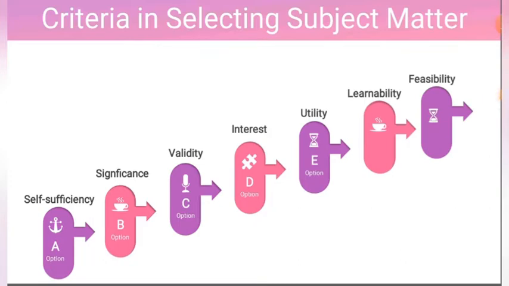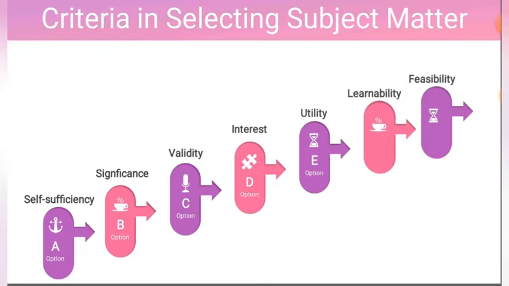Next one is interest. The students' interest should be considered and adjusted, taking into consideration maturity, prior experience, educational and social value of their interest, among others. And then the fifth one is utility, or the usefulness of the content or subject matter.